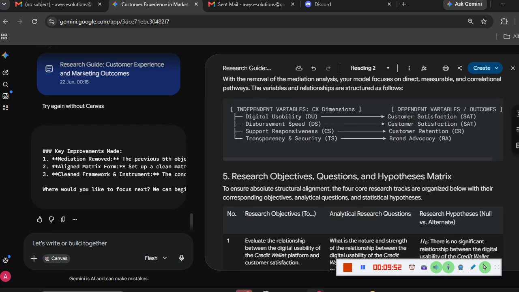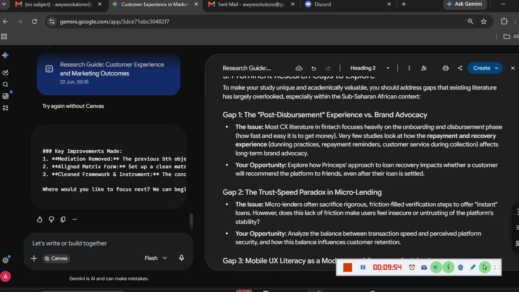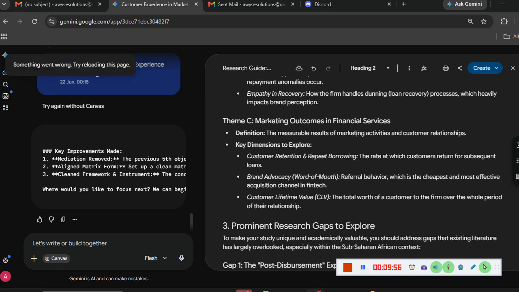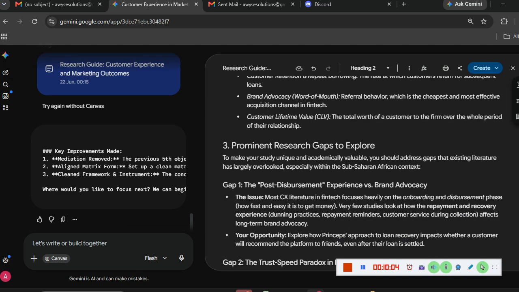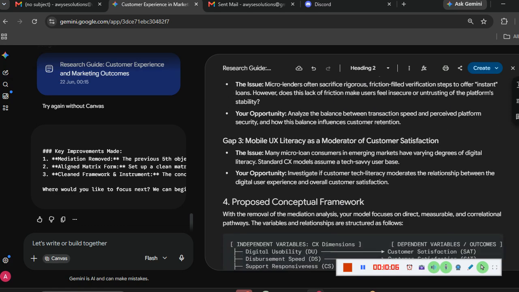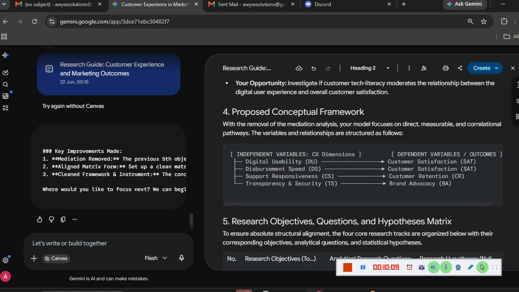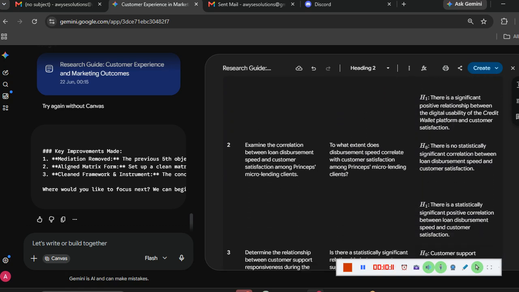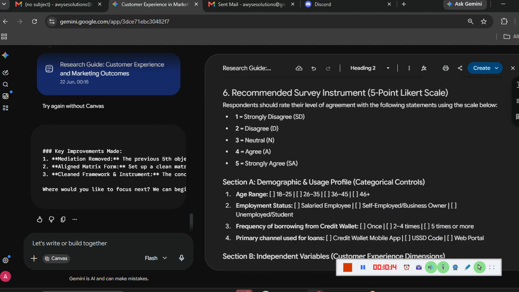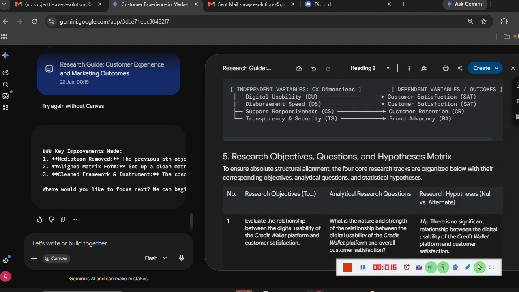This conceptual framework is also in our chapter 2. But one of the things that is missing here is the theory that supports this research. What is the English now? But basically, if I'm to suggest a theory based off my knowledge, we could have something like relationship marketing theory.